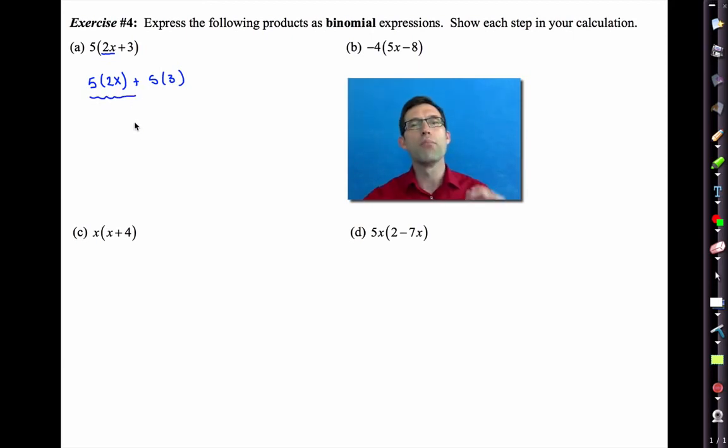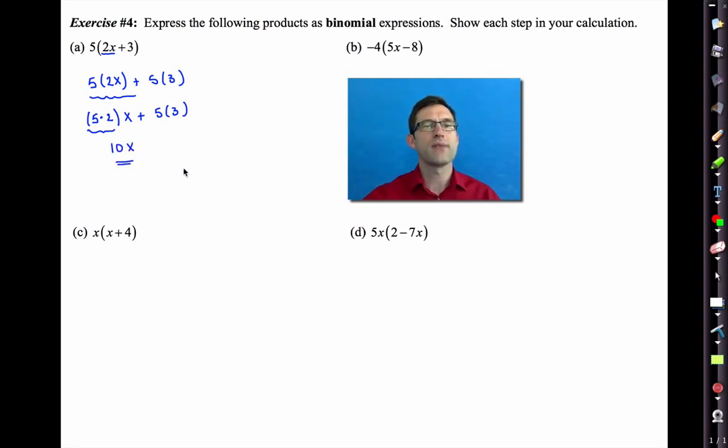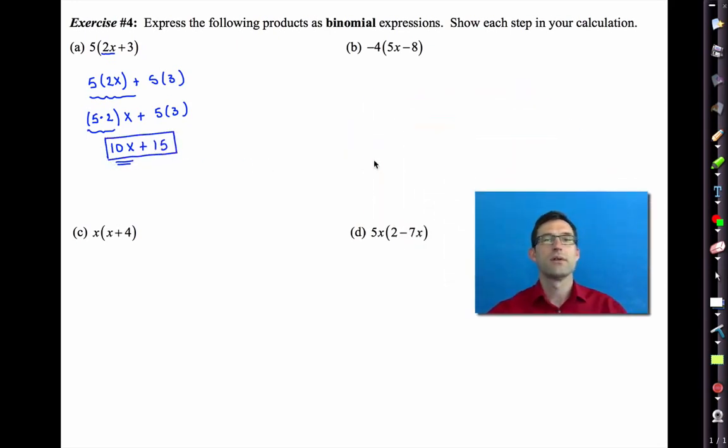Well, remember, multiplication is associative, meaning that I can actually do 5 times 2, then times x, and 5 times 3. That gives me permission to do 5 times 2 and get 10. There's really nothing I can do with that x. I just have to leave it. 5 times 3 is 15, and that is the best I can do. Okay? Same thing with letter B.